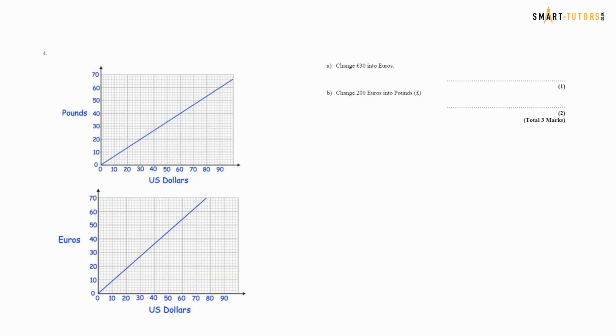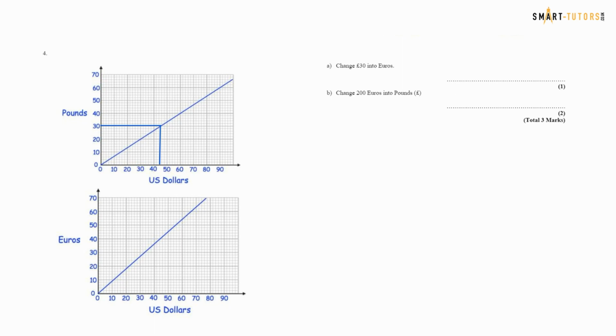Question number 4. A graph of pounds versus US dollars and euros versus US dollars is given. Change 30 pounds into euros. You need to draw a line from 30 pounds, and it's going to become something like that. It's about halfway through, so $45 somewhere here.